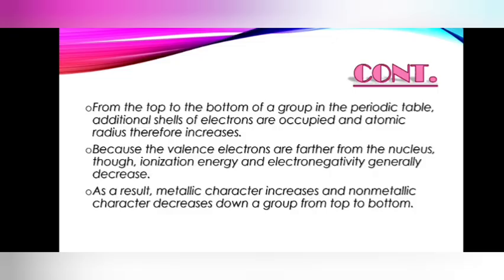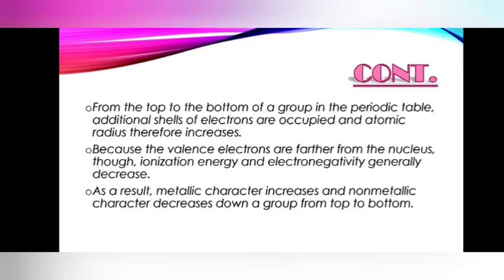Now let's see the trend as we move from top to bottom. We have seen what happens when we move from left to right. Now we will see what happens when we move from top to bottom. As we go from top to bottom, the number of shells increases as the electrons are increasing. As the shells increase, the size, or you can say the atomic radius, of the atom also increases.